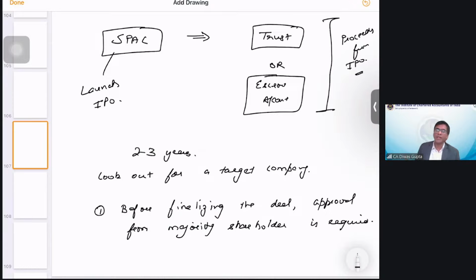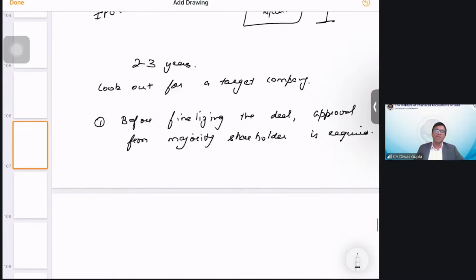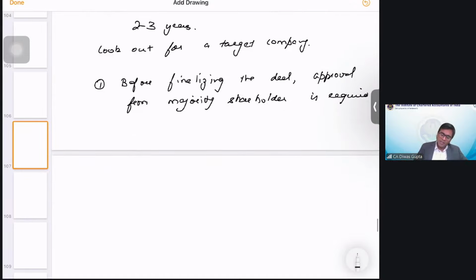So this is one. Let's say they have identified a target company called A Limited. Then the SPAC company cannot just directly go and invest into that company. Before finalizing the deal, they will require the approval from the majority shareholders that this is the new company that we have identified, and in this we are going to invest.